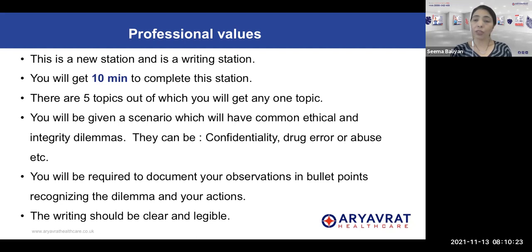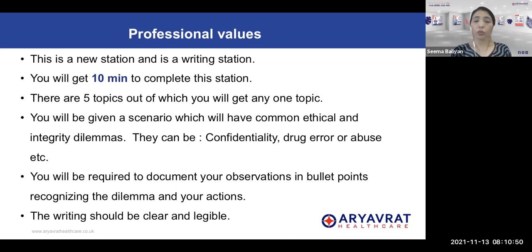Once you understand the logic behind all of those, this station will become very easy for you to write. Also, be very careful to keep reading the criteria, because you need to know exactly what you are supposed to do. If you read the criteria a few times, you will get a fair idea of what is expected from you when you are approaching these stations.